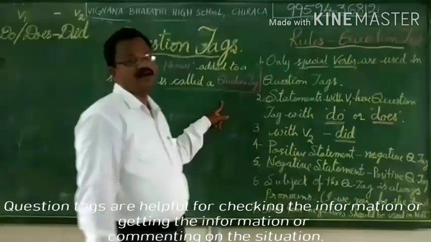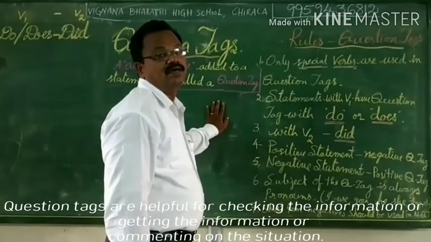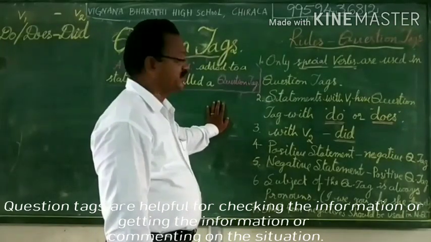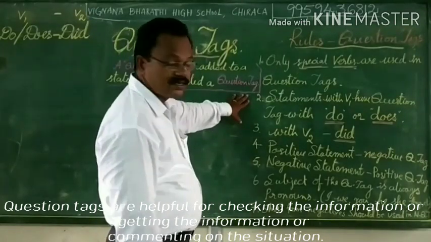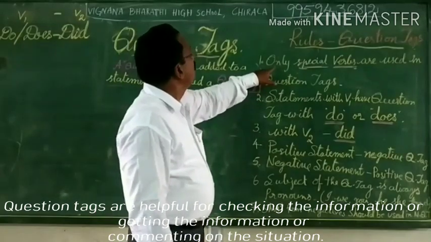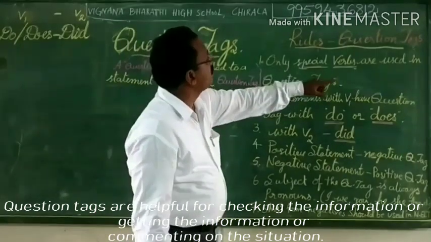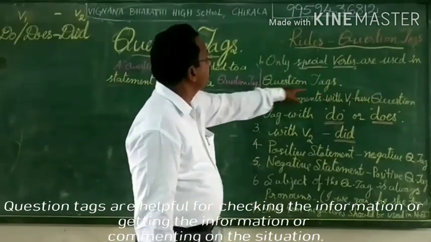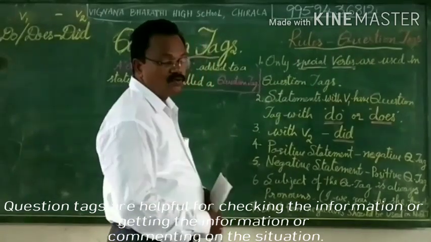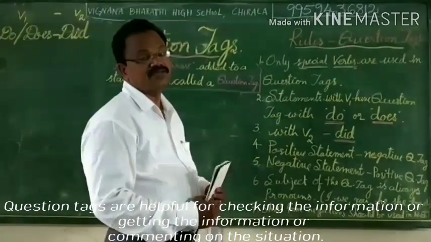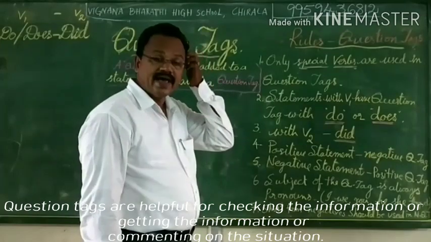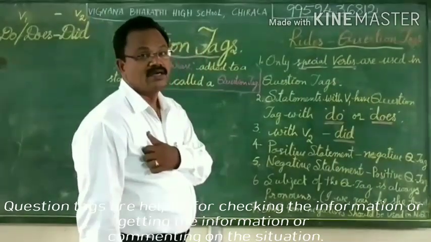Again, I need to read out the rules in this question tag session. Only special verbs are used in question tags. That is, special verbs means auxiliary verbs and be forms.